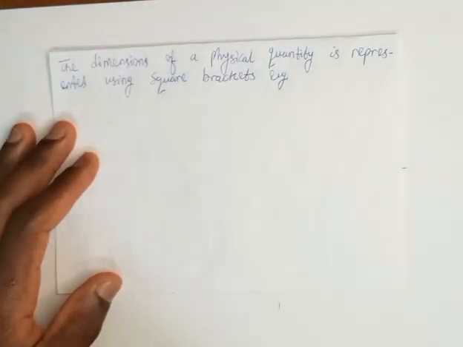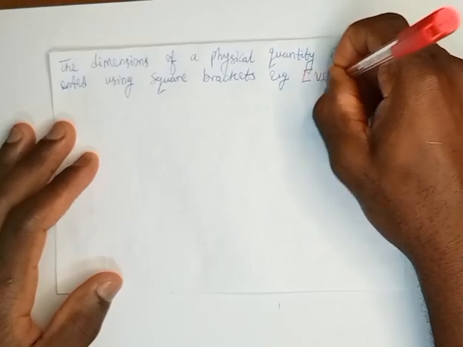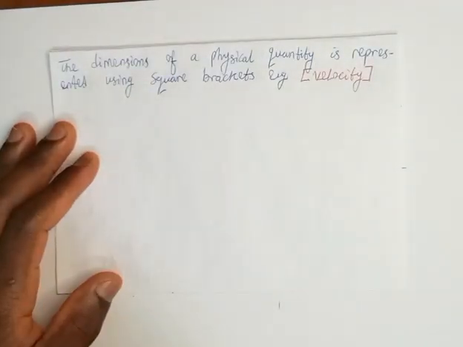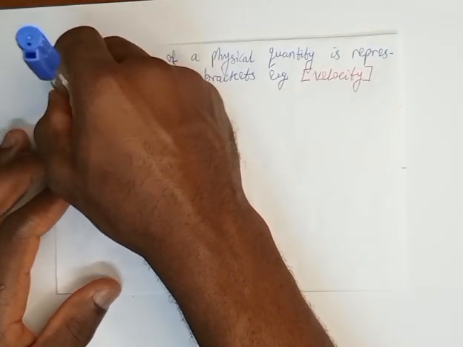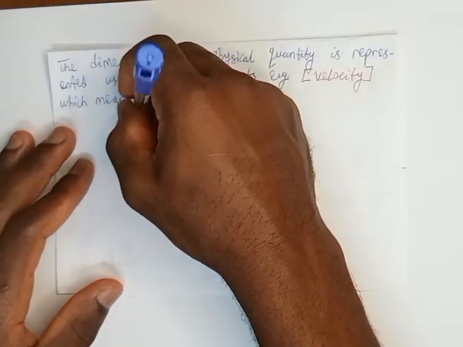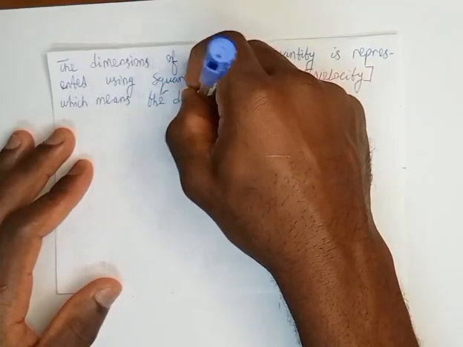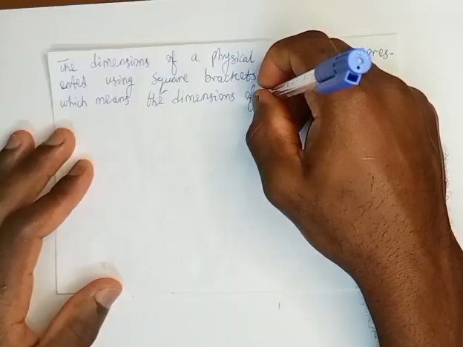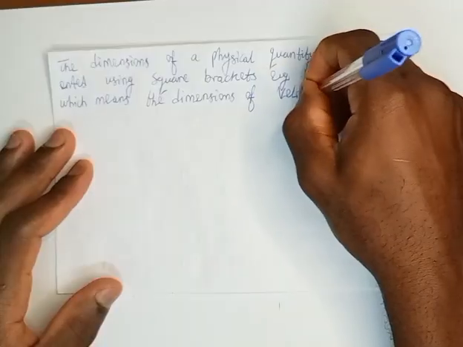For example, the dimension of velocity is represented by writing velocity in square brackets, which means the dimensions of velocity.